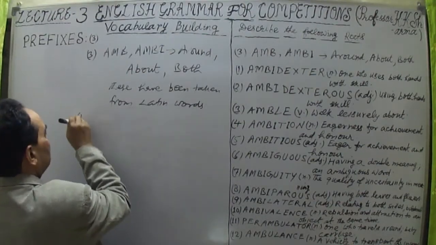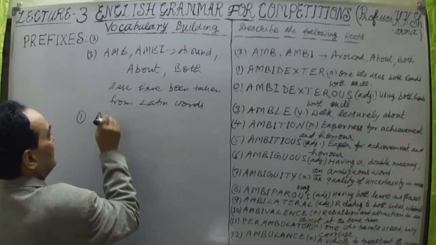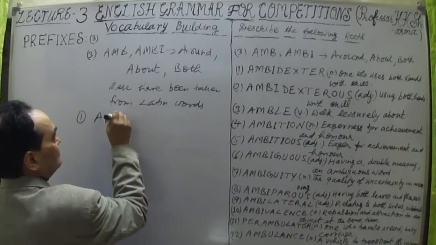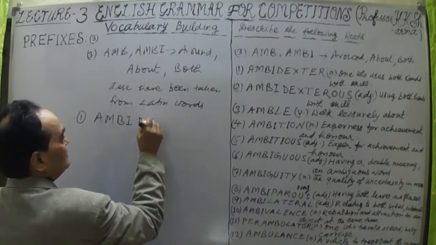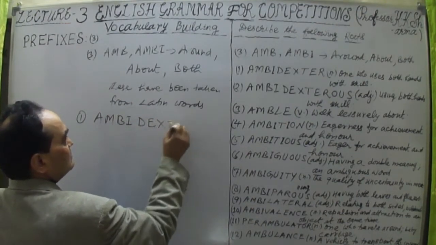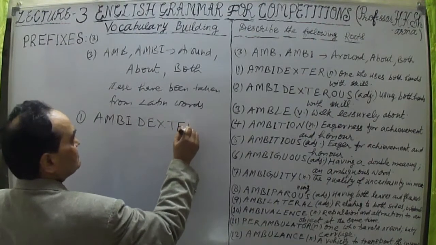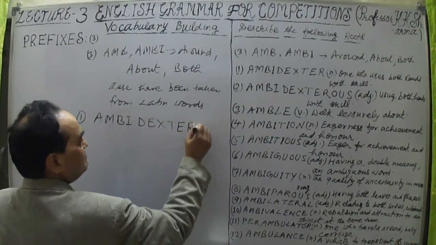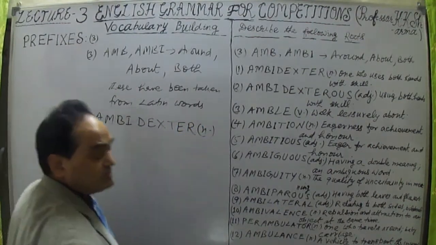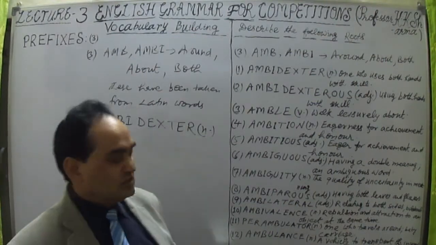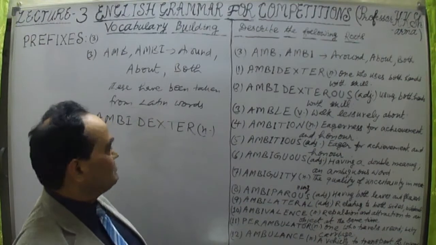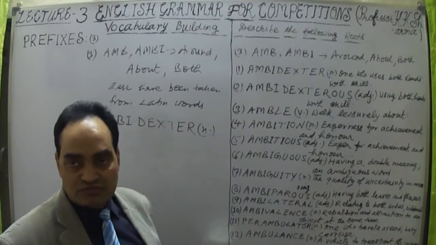So the first word, let me talk about, is ambidextrous. A-M-B-I-D-E-X-T-E-R, ambidexter, noun. This word is also from the word dexterous. Ambidextrous is another word.